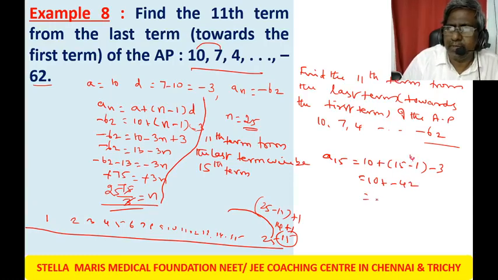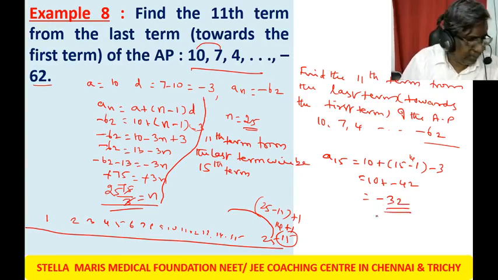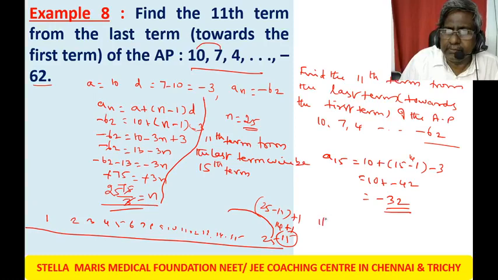That is 10 minus 42, which is minus 32. Clear? So now therefore the 11th term from the last is equal to minus 32.